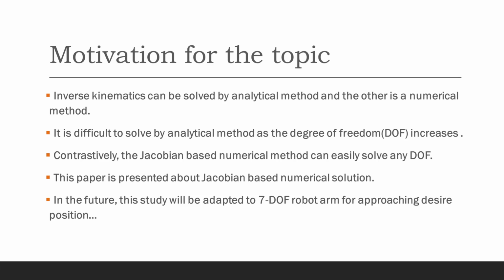In contrast, the method that can help us solve any degree of freedom easily is the Jacobian based numerical method. This paper presents a Jacobian based numerical solution. In the future, the study will be adapted for a 7 degrees of freedom robot arm for approaching a desired position.